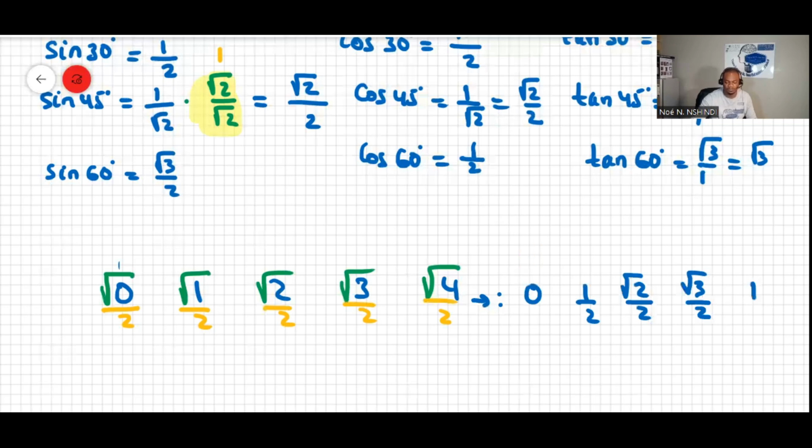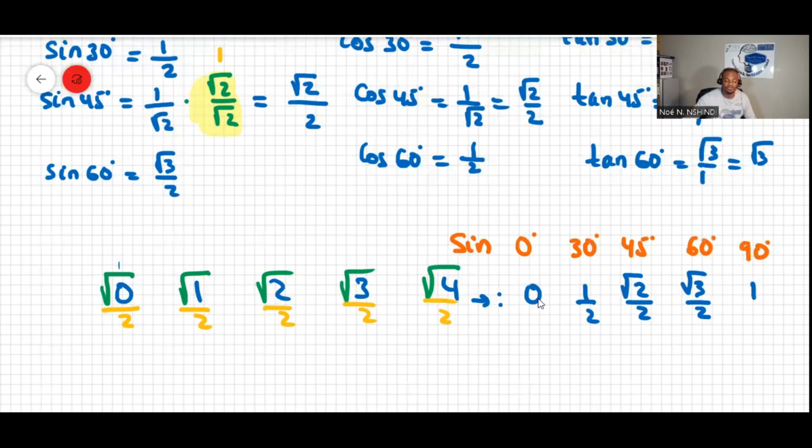Before I do that, I want to notice that if I write sine over here, I'm going to write the special angles for sine in order: 0 degrees, 30 degrees, 45 degrees, 60 degrees, and 90 degrees. Those are the values.